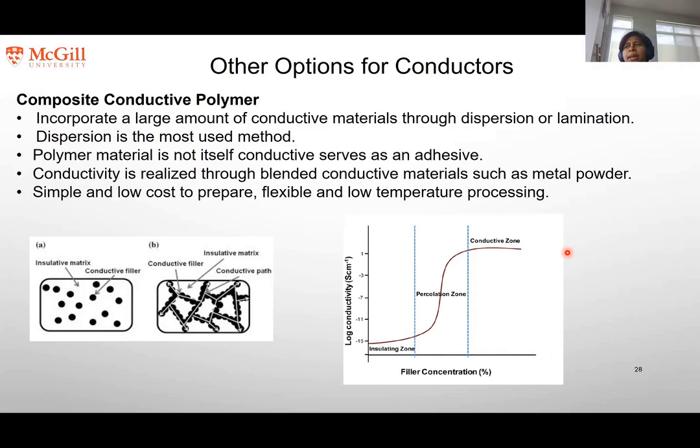So when we make this kind of ink, we choose this amount, because if we choose something here for the filler percentage, we're still going to get good conductivity, but the more filler we add, it's going to lose the flexibility.